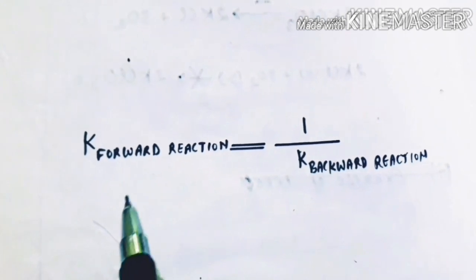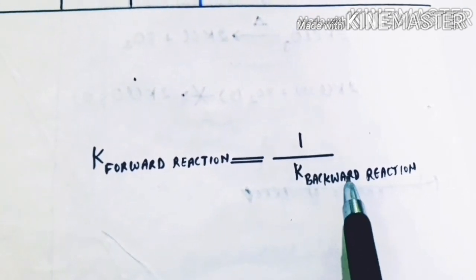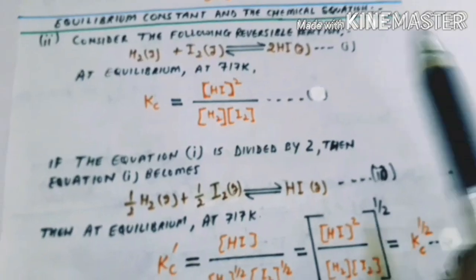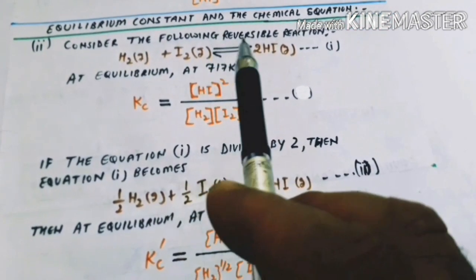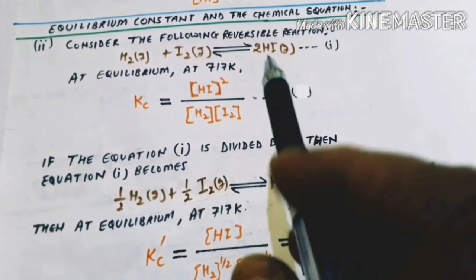Hence, we can say that equilibrium constant for the forward reaction is the inverse of the equilibrium constant for the backward reaction. Let us discuss the second case with respect to equilibrium constant related to its balanced chemical equation.